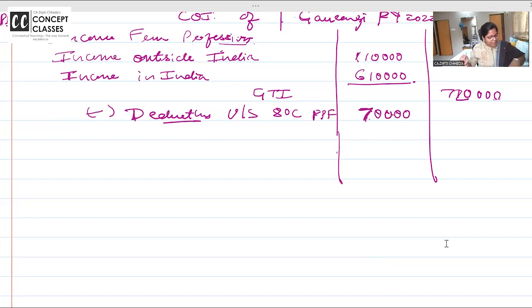Then the approved pension scheme is also covered in 80C, with an upper limit for the pension scheme. The pension fund is also covered here, and that is 30,000.